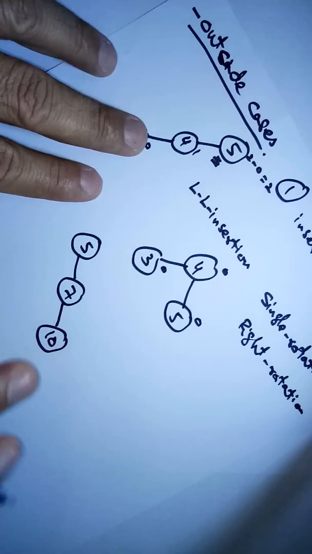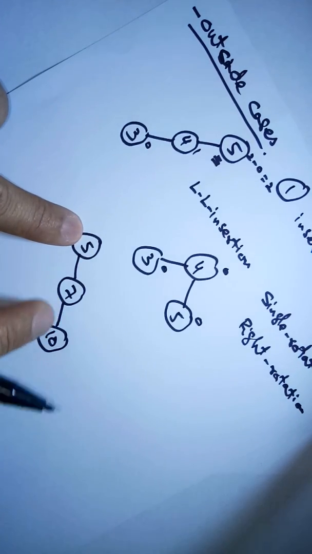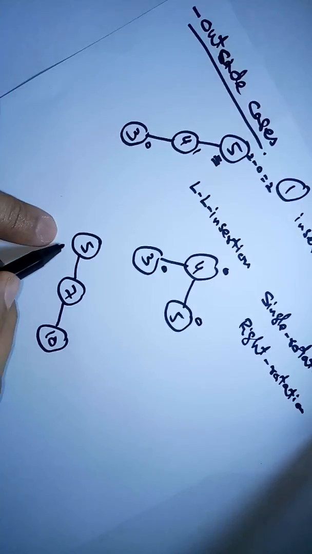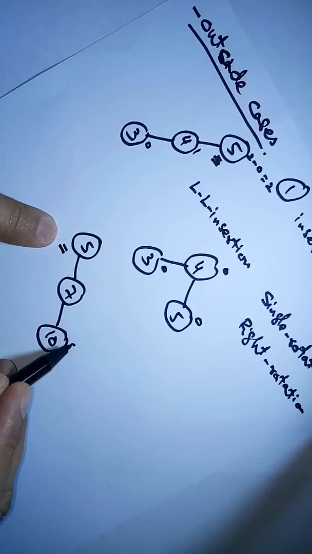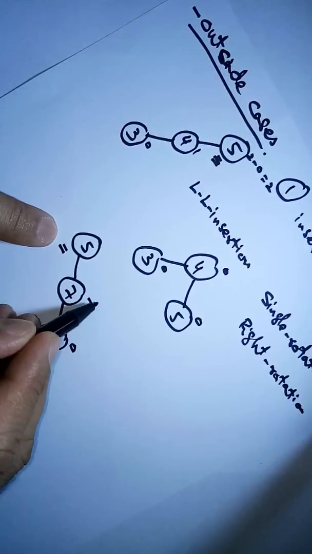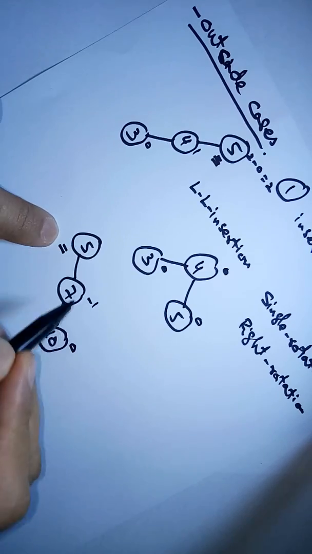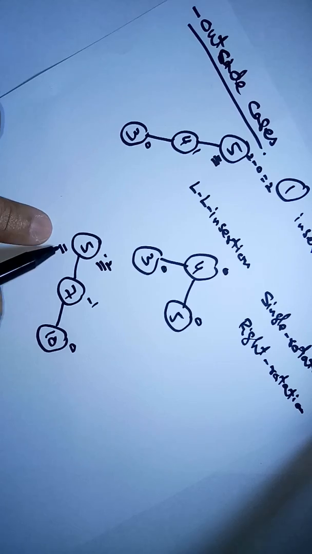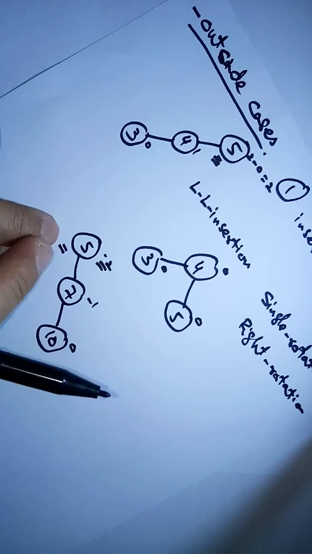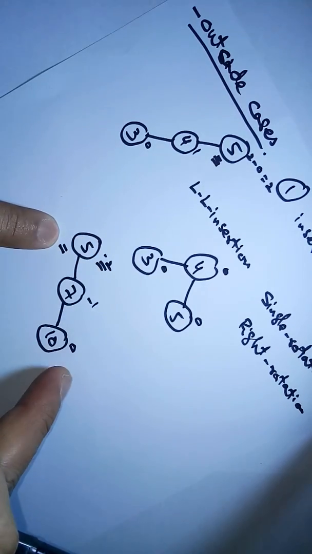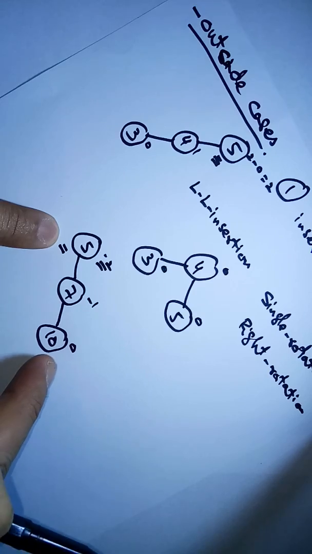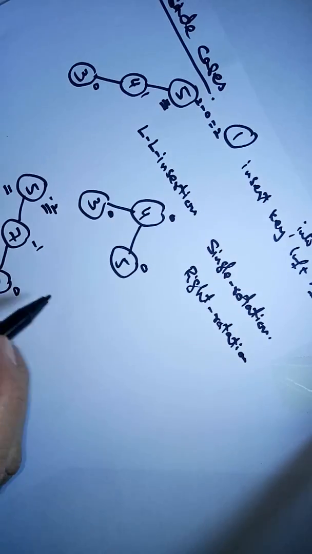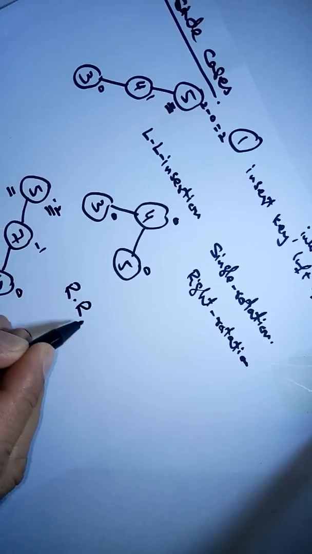I inserted 10 on the right side of the right subtree of the node 5, and the balance of 5 is disturbed. Here the balance is 0, then -1, fine, and then 0 minus 2, that is -2, that is not allowed. So the balance of this node is disturbed because we inserted in the right of the right subtree. So let's call this problem R insertion.